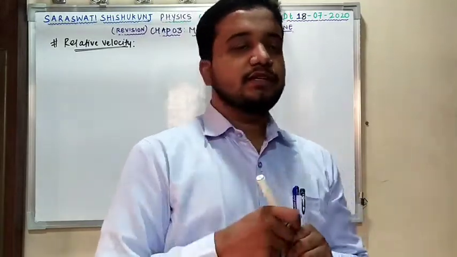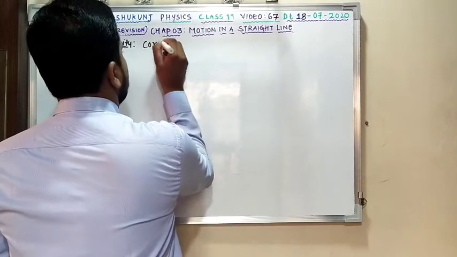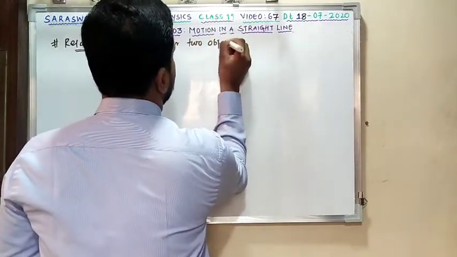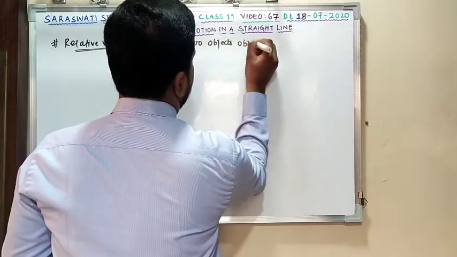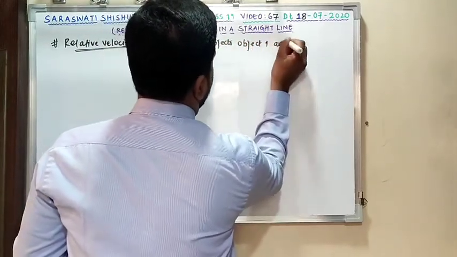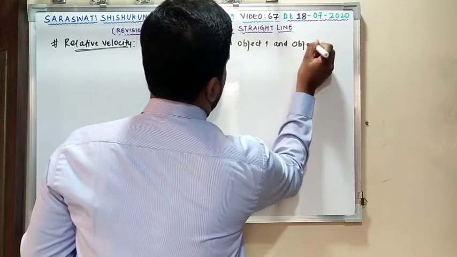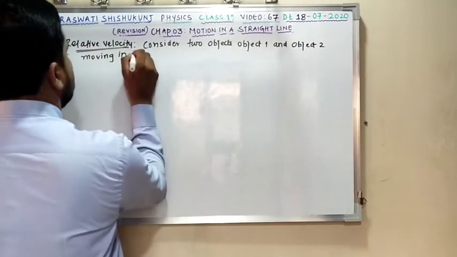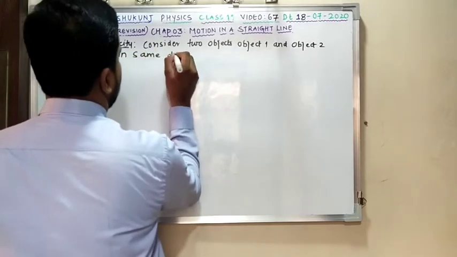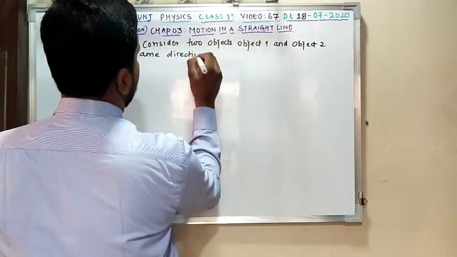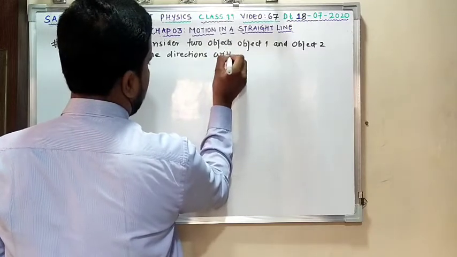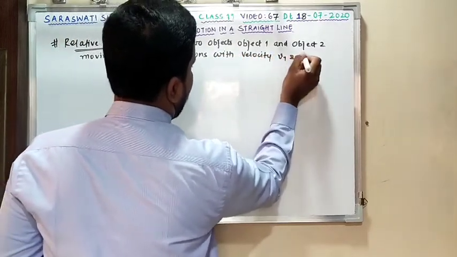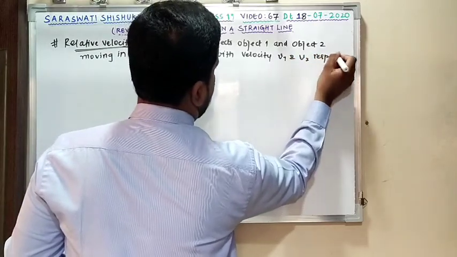Now moving to the expression, consider two objects, object 1 and object 2, moving in the same direction with velocities v1 and v2 respectively.